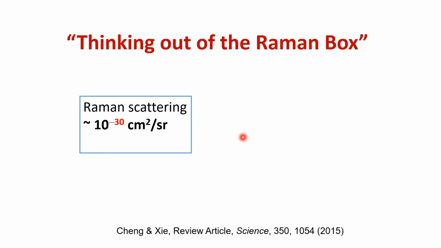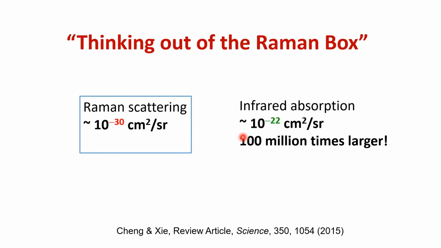And there we have infrared absorption, which has a cross-section 100 million times larger than Raman scattering. And we believe that if we use infrared contrast, we can do vibrational imaging that can break the sensitivity limit in Raman microscopy.